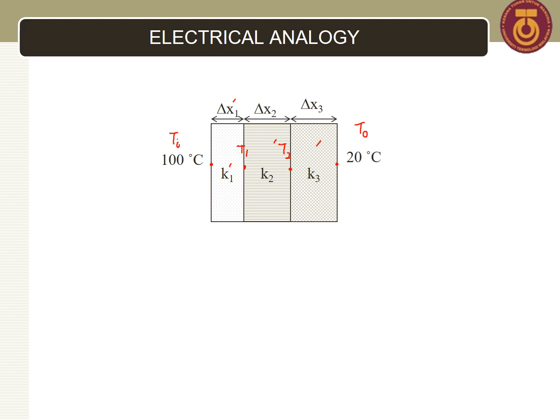We know that heat will be transferred from the first layer to the third layer because of temperature difference. In this system it's very obvious it will first pass through layer 1, followed by layer 2, followed by layer 3.